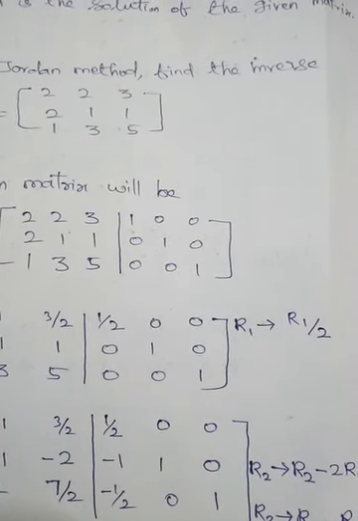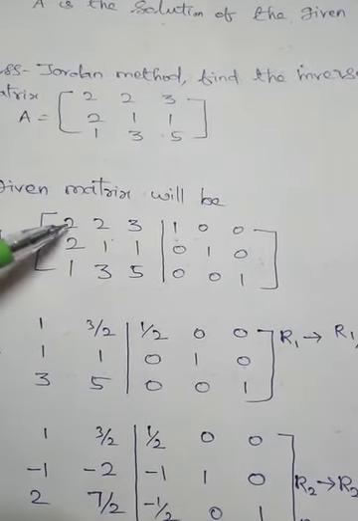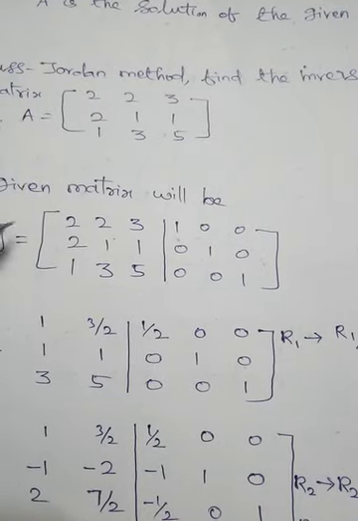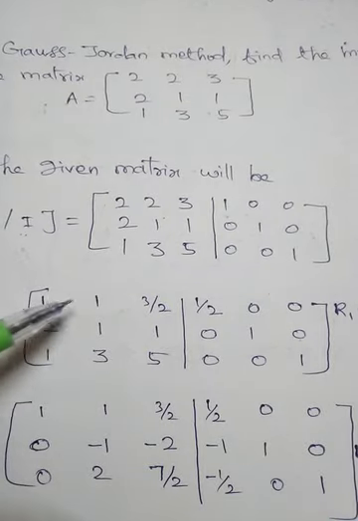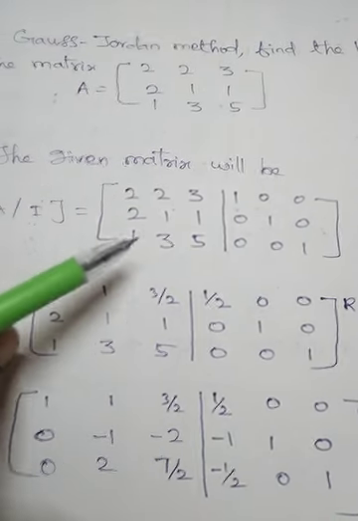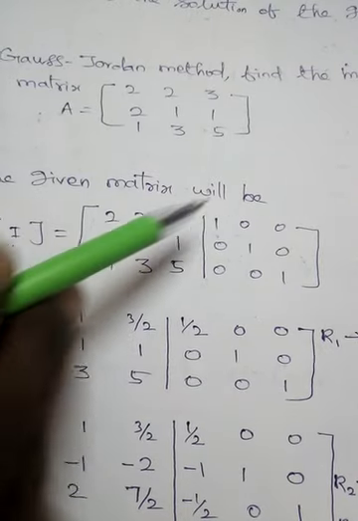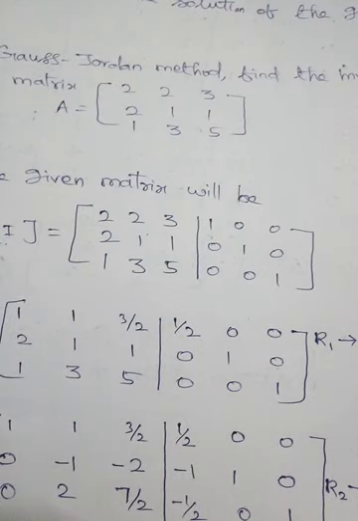Here I am going to take the first row and divide it by 2. Dividing throughout the first row, 2 by 2 is 1. Already we are given 3, so divided by 2 it will be 3 by 2. Then 1 divided by 2 is 1 by 2, 0 by 2 is 0, 0 by 2 is 0.